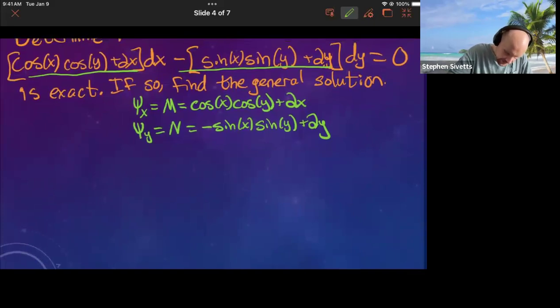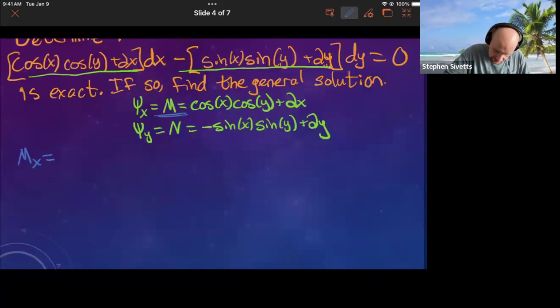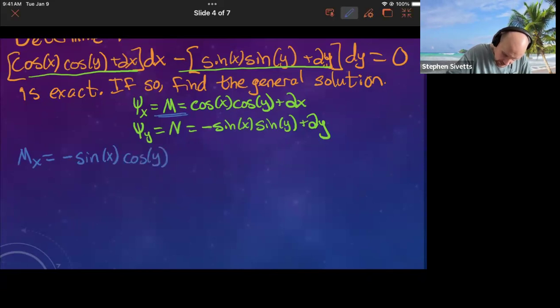Okay. So we have to take the derivative of m with respect to x. So cosine of y, any terms with y variables in it are constants. Okay. So the partial of m with respect to x is minus sine x cosine y. Oh, I'm sorry, with respect to y, excuse me.